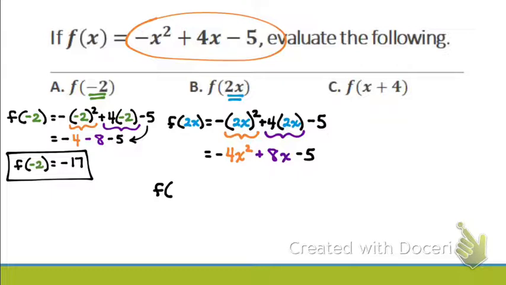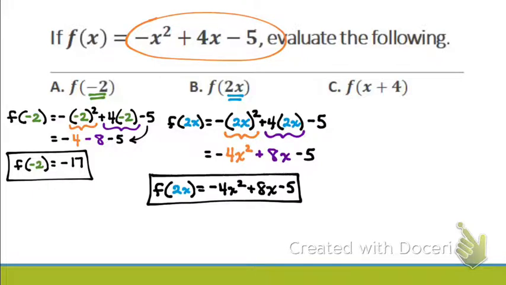That is my final answer then. F of 2x is equal to negative 4x squared plus 8x minus 5. What are we putting in the place of x in this last one? X plus 4.